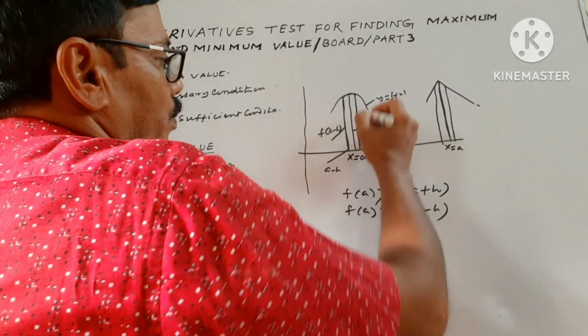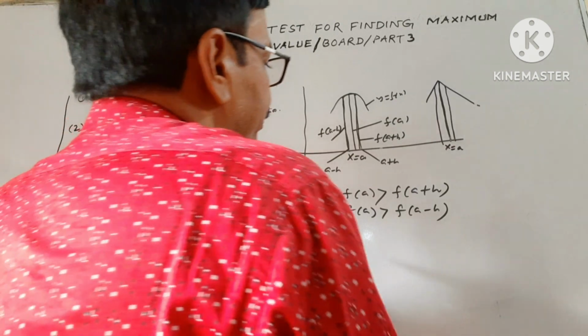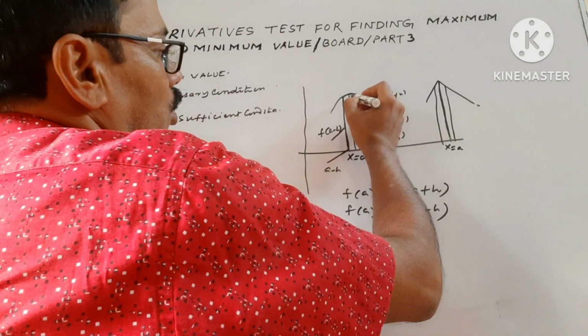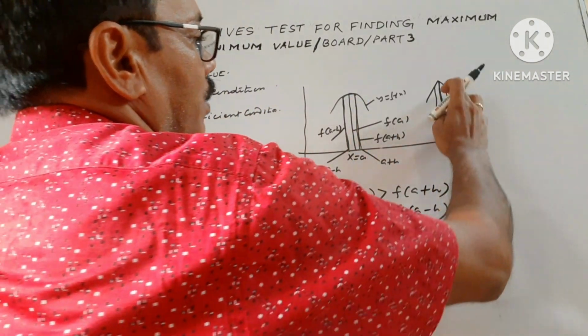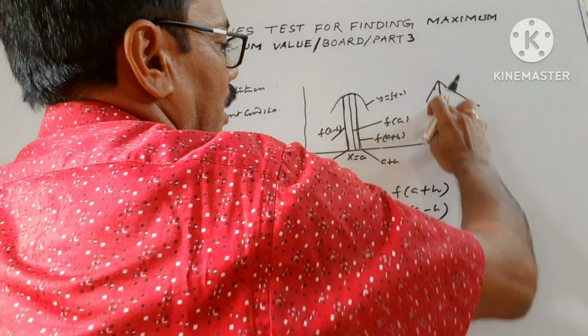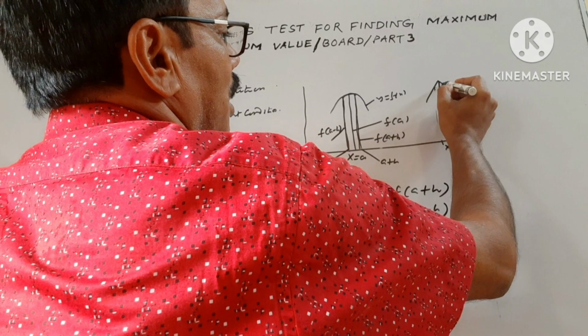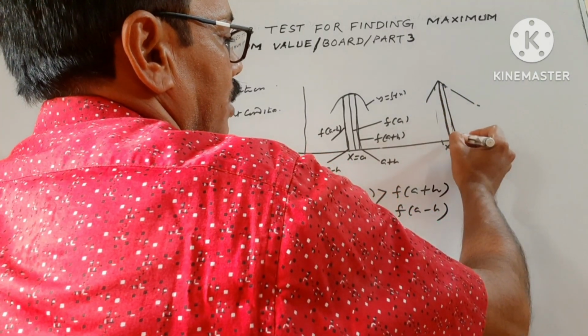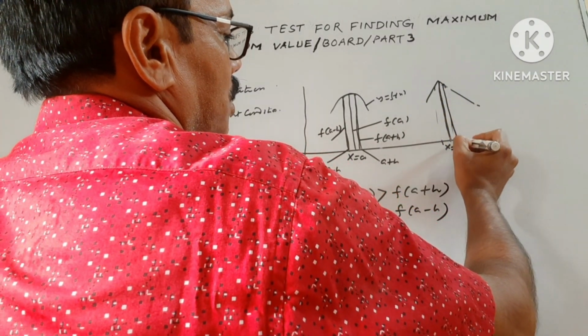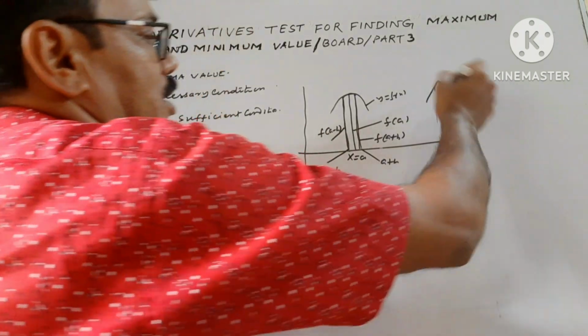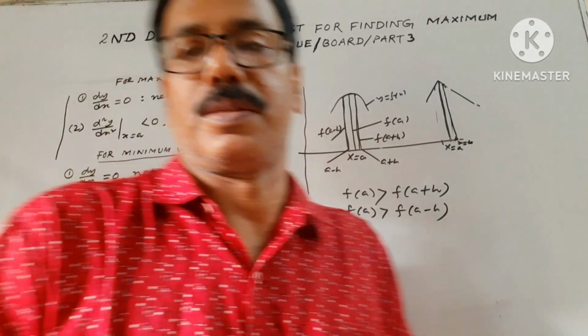If you consider a point taking here, suppose x equals to b, then this property is not satisfied.